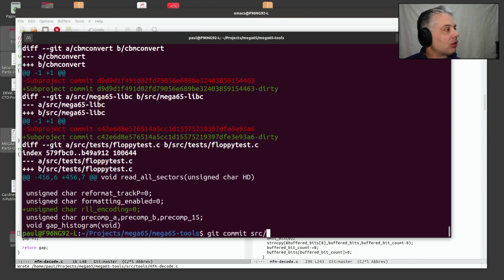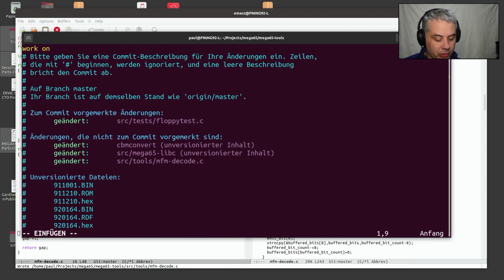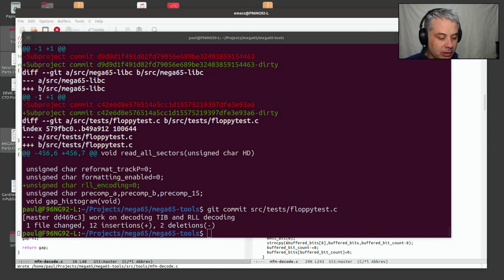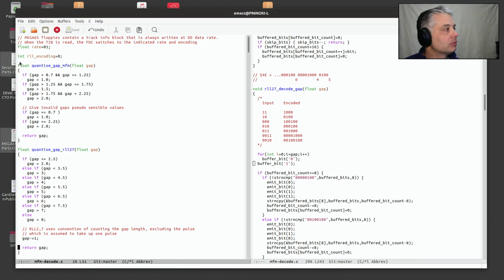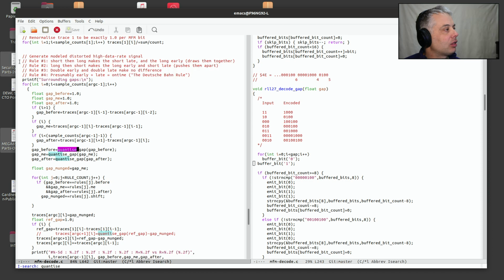Git commit source tests floppy test work on decoding TIB and RLL decoding. Right, show gaps. So we're only quantize.